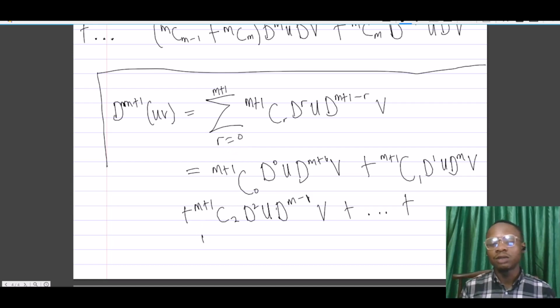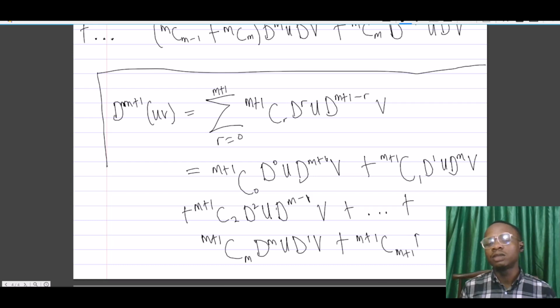So in that case, we're going to have (m+1) combination m. Then, because our r is m, we're going to have this to be d m of u. Then this will be (m+1) minus m, that will be 1 of v. Then plus, when r is m+1, that will be (m+1) combination (m+1).